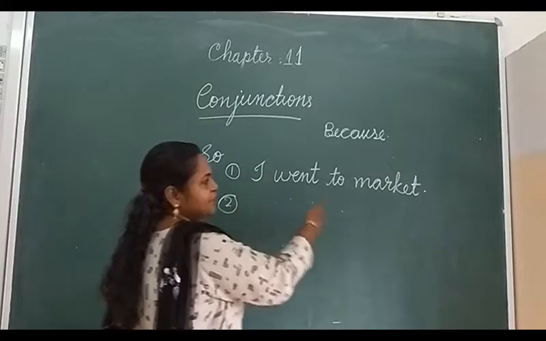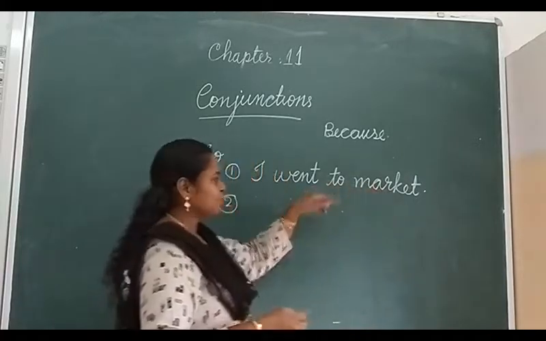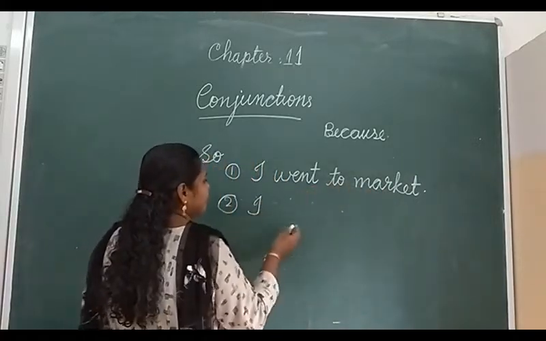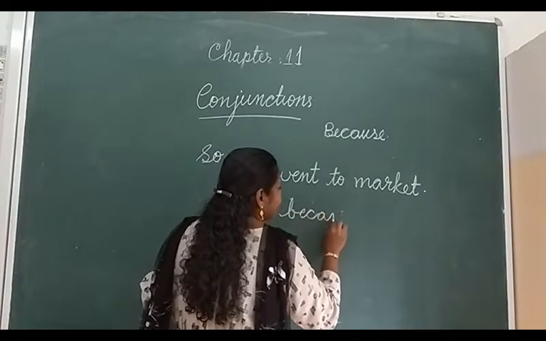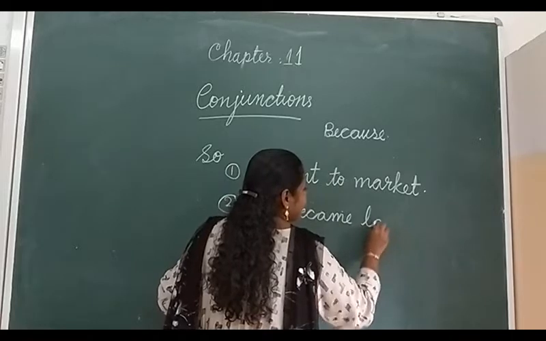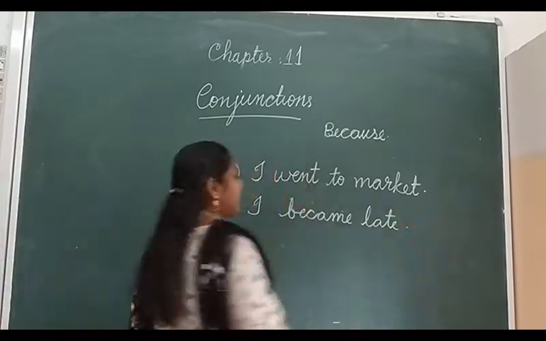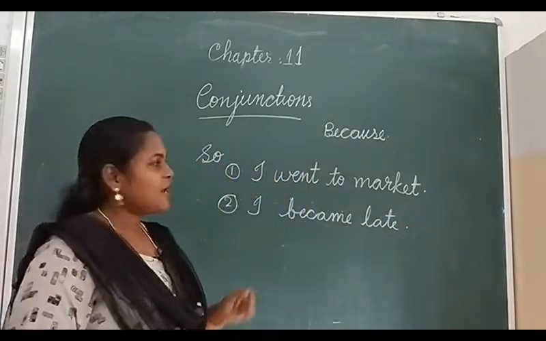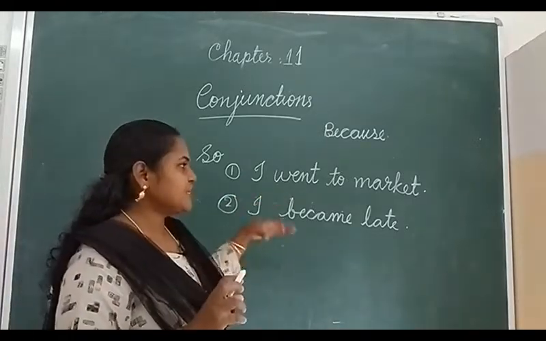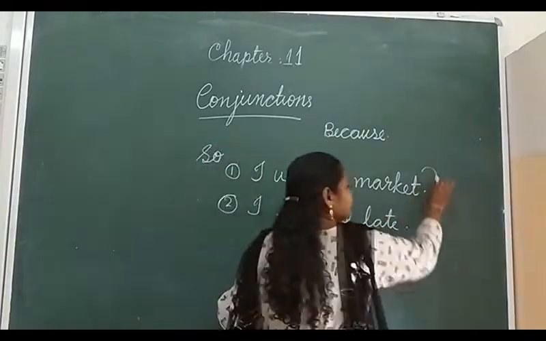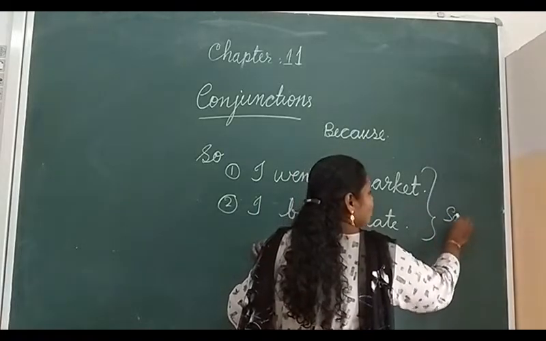First sentence, I went to market. Second sentence, I became late. We need to connect or join these two sentences using the conjunction so.